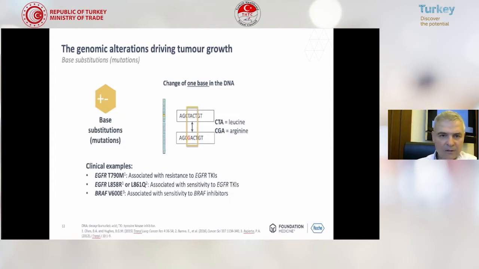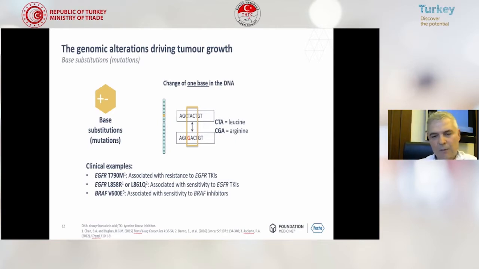So the genomic alterations driving the tumor growth are depicted in this diagram, in this slide. For example, a base substitution in the EGFR gene can cause an EGFR mutation, so a specific EGFR mutated lung cancer. For example, another one is the EGFR L858R mutation or L861Q mutation.